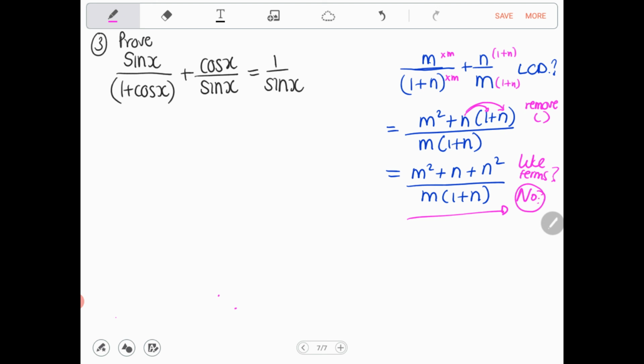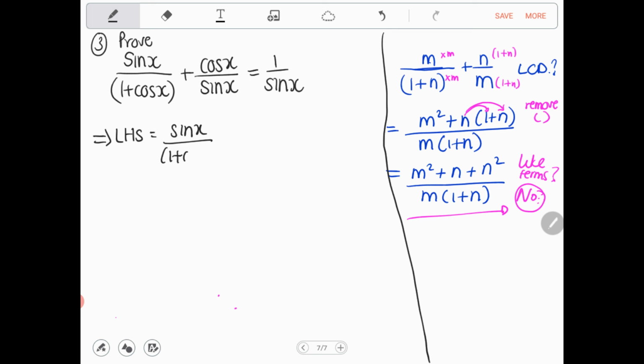All right, so we're going to try that on this side. I'm starting with a more complex side, which happens to be, again, the left-hand side. And we have sine x over 1 plus cos x plus 1 over sine x.